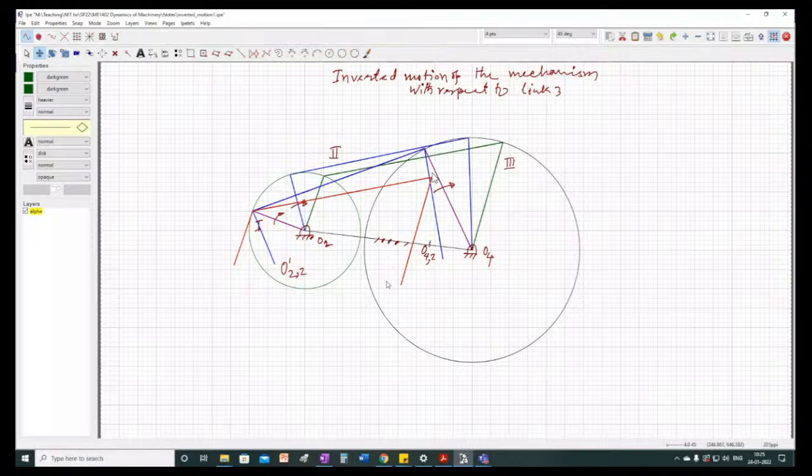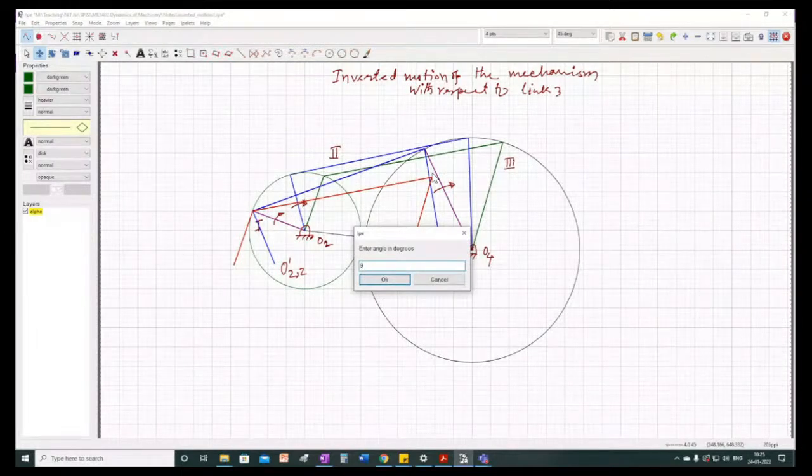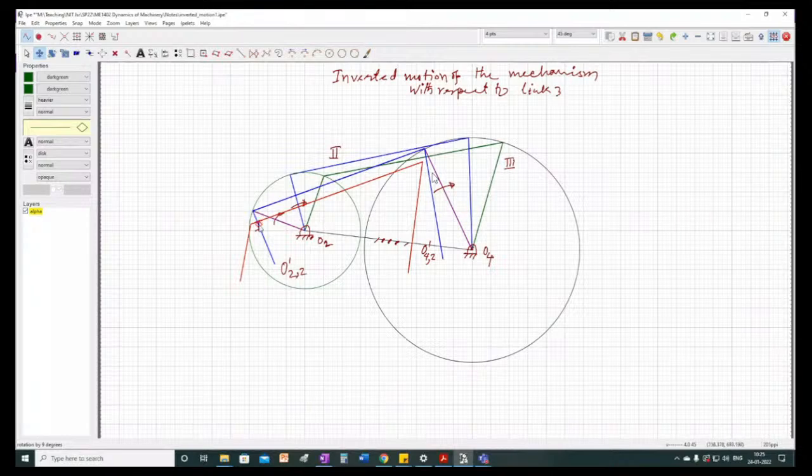So now let us rotate it. This rotation, as I said, you will do with the help of your trace paper. So trace paper, it is very easy to rotate. Now I move it to this position. Okay. So after this rotation, we have a new O2 point. Let us write it down here.